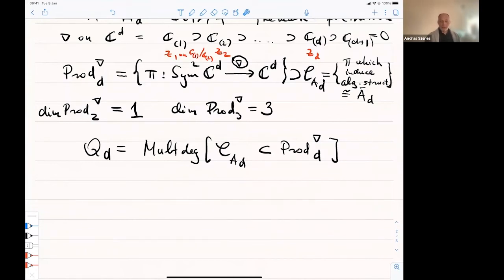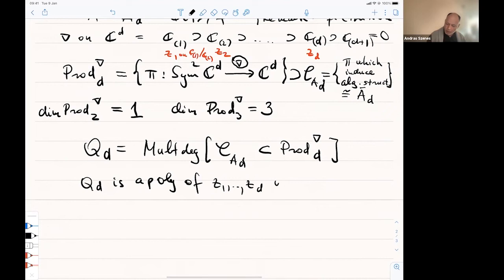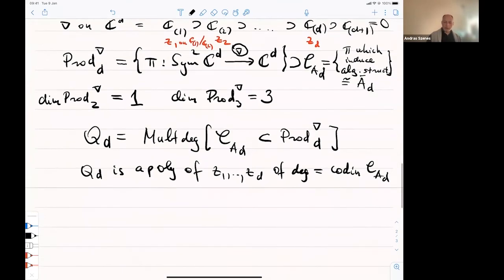At the degree of QD, the one thing to know, so there's two things: QD is a polynomial of Z1 up to ZD of degree equal to the codimension of the corresponding variety. Well, in this case, it's just CAD. Right? Okay, and so let me just give you some examples.